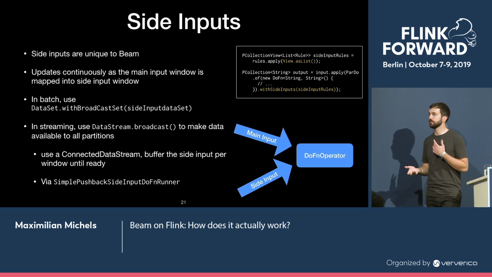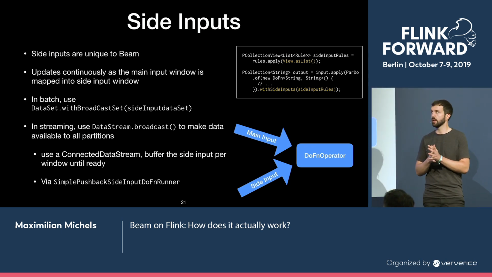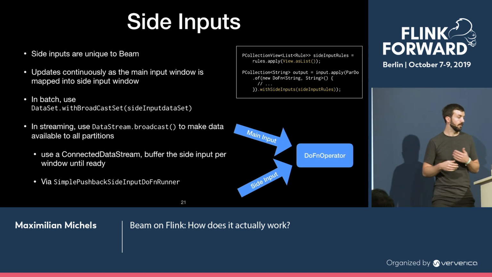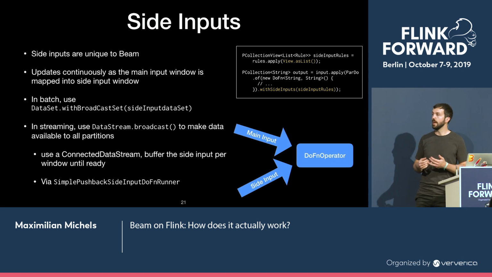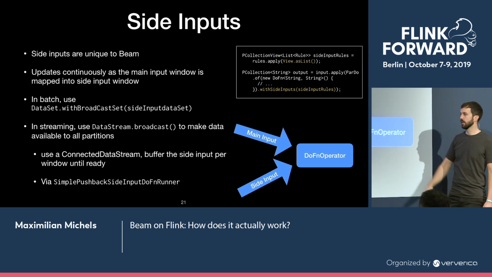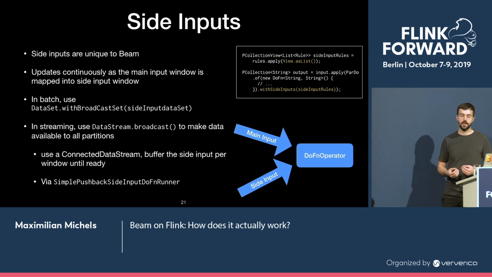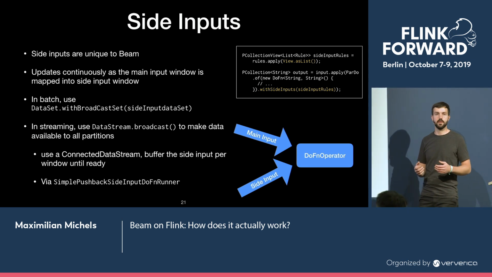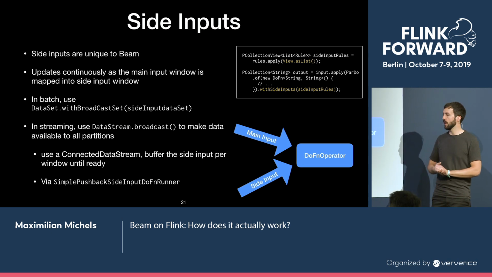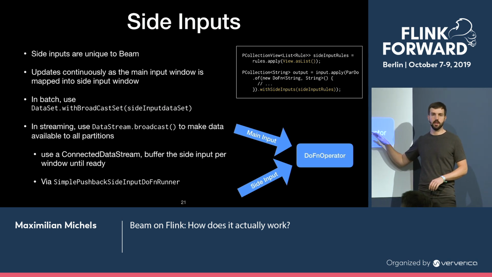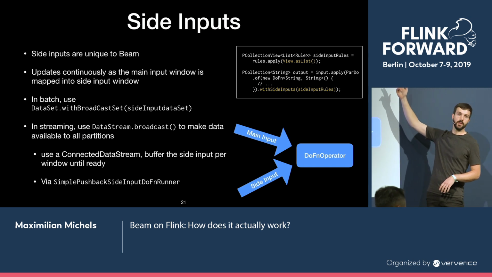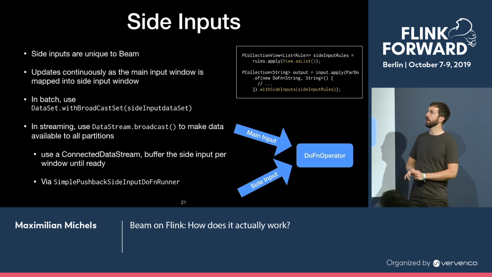So side inputs are a kind of special thing, and they also have to be handled in that DoFn operator. Basically how it works is you have a main input and you have the side input data. And the issue is that, because side input means that you will actually materialize all the data to all your parallel instances before you start processing, imagine in this example you have a set of rules that you want to distribute to all the parallel operators.